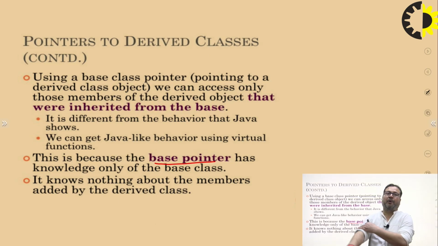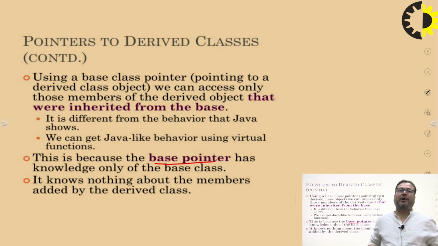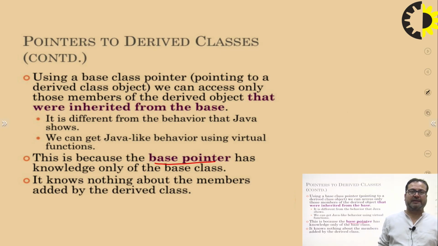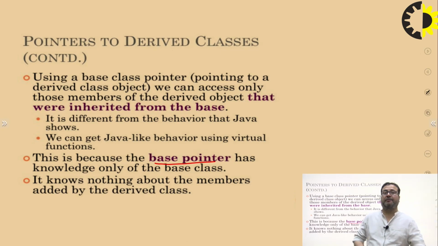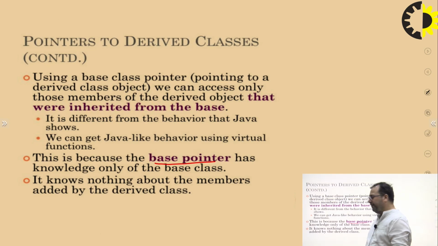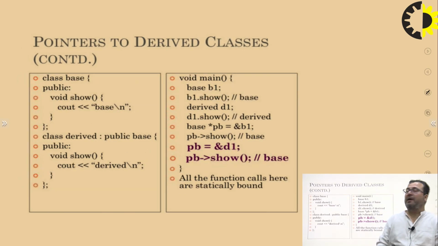Although it can point to the derived class object, it can access only the members derived from the base class, because it knows nothing about the members added by the derived class. So let's see the program.